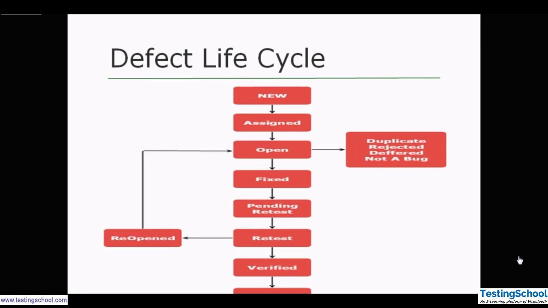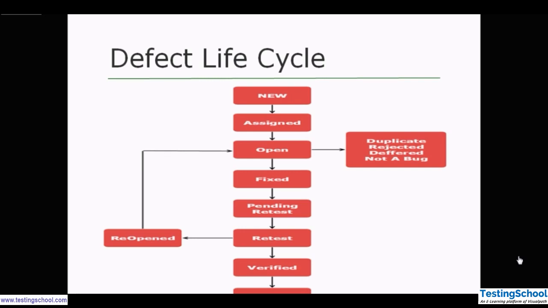And after Reopened, it moves again to the developer for the Open state. So from retesting, it can go to Reopen, and from Reopen, developers again start working and move that status to Open.